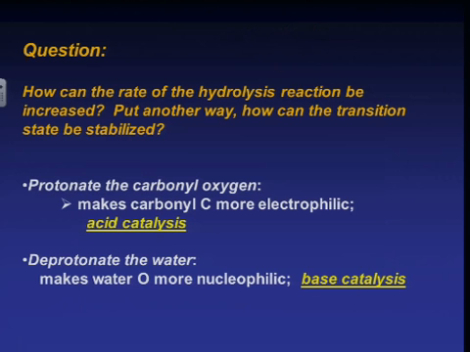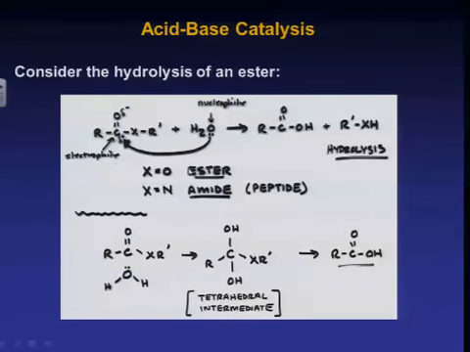Okay, so when we look at this hydrolysis reaction, what's going on? Some basic organic chemistry. The oxygen is a nucleophile, right? This nucleophilic attack on this carbon, which has a slight positive charge on it because it's bonded to the oxygen. So this nucleophilic attack is a result of this being electron rich, this being electron deficient.